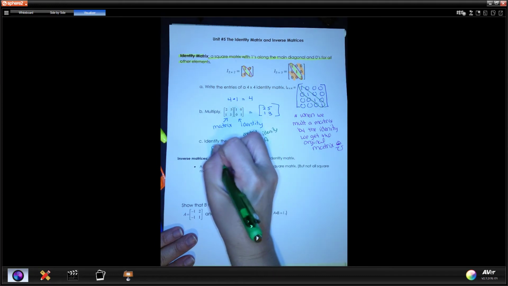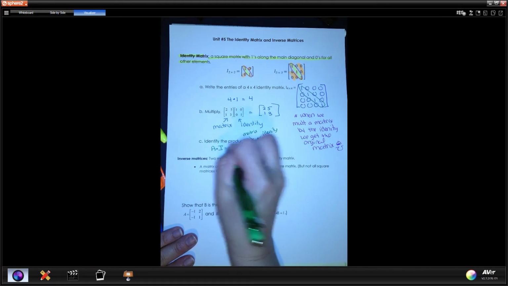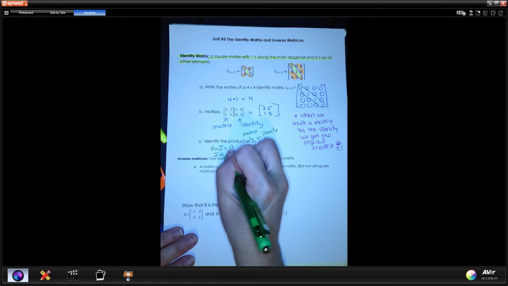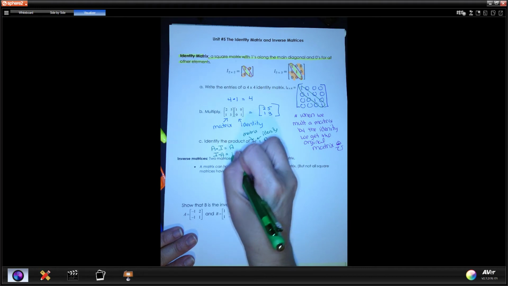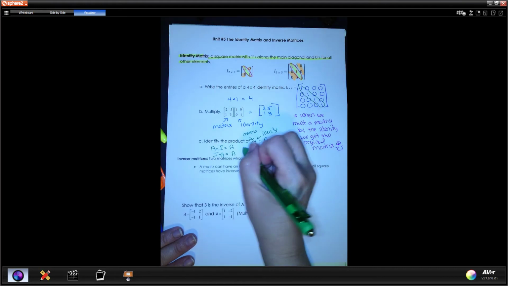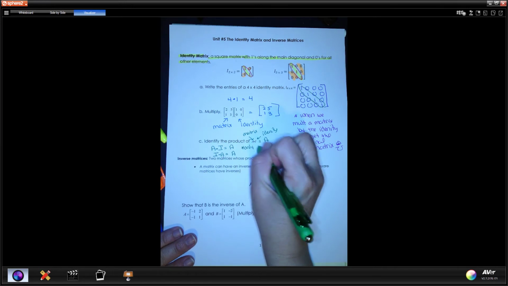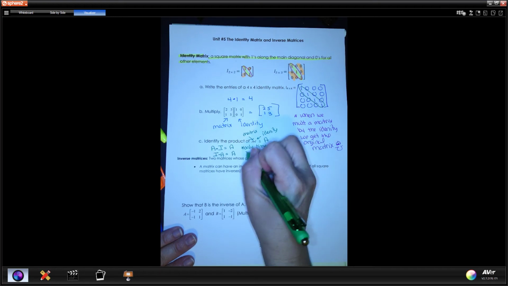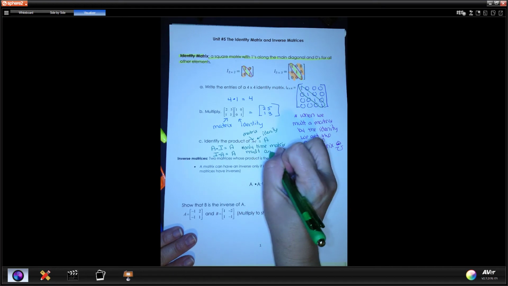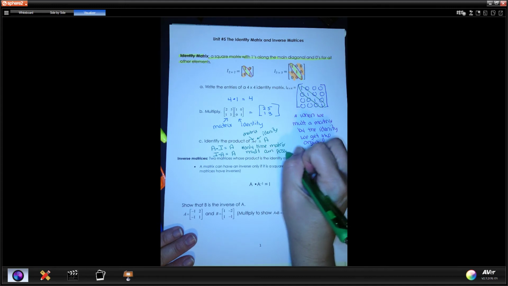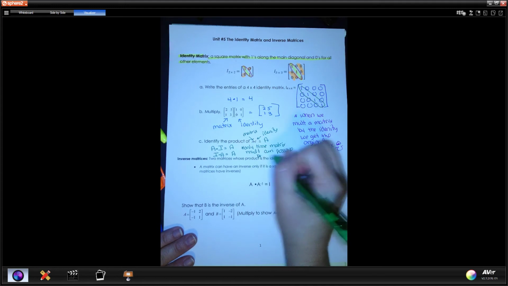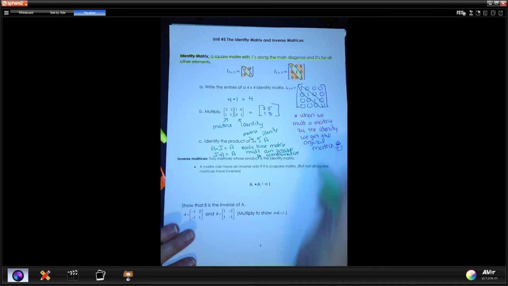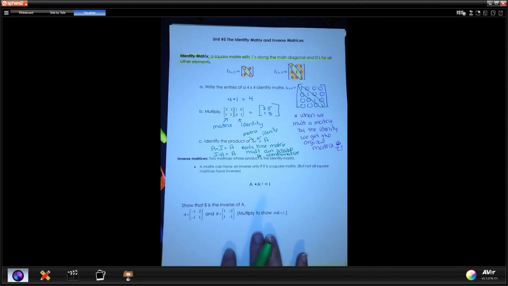So we know that A times I equals A, and also I times A equals, in this case, A. This is the only time matrix multiplication can possibly be commutative. Otherwise, it is 100% not, that the order does matter.